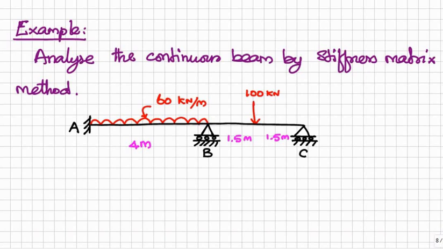Therefore, here support A is fixed, so no rotation is possible, and supports B and C are hinged or roller, therefore there are rotations. That is, at B we have delta B, at C we have delta C.